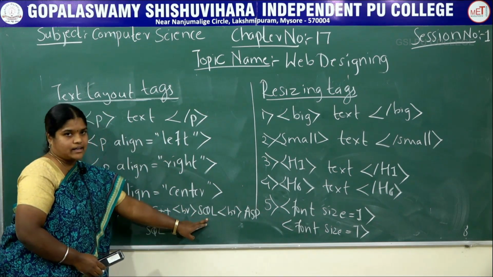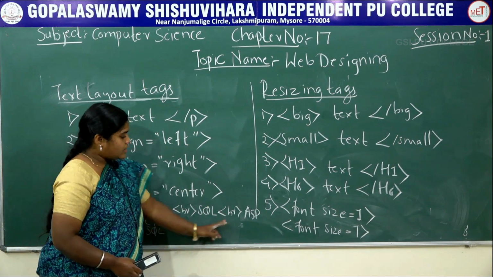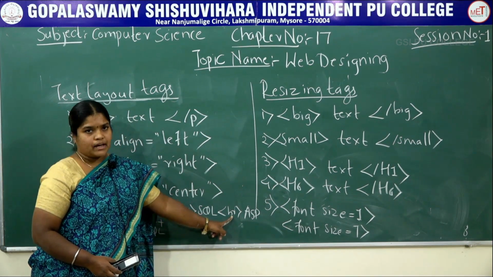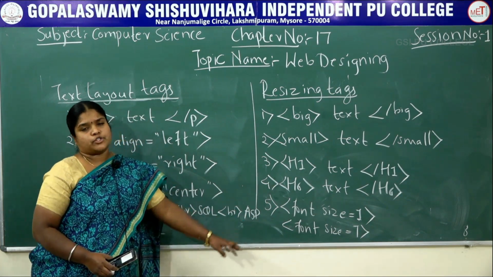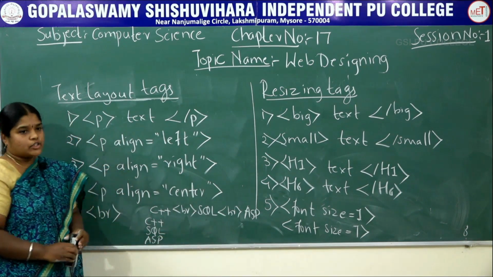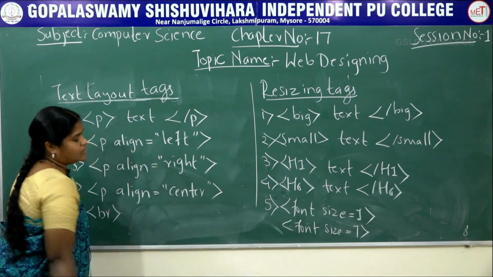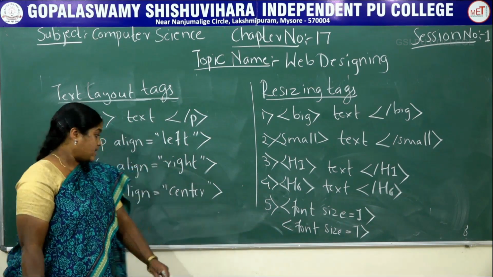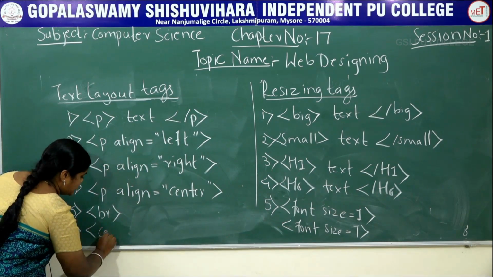Then the next content, that is SQL, will be pushed to the next line. After SQL the next tag is again BR. So after BR whatever the content is, it will be pushed to the next line. So ASP will appear in the next line. So this is how the BR tag works. BR is nothing but a single line break. After this the next one is the center tag.